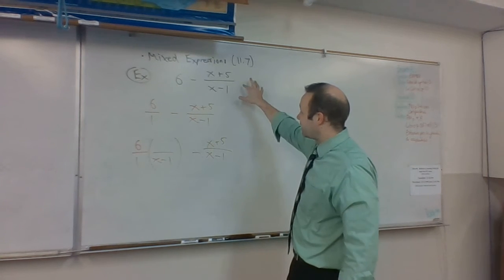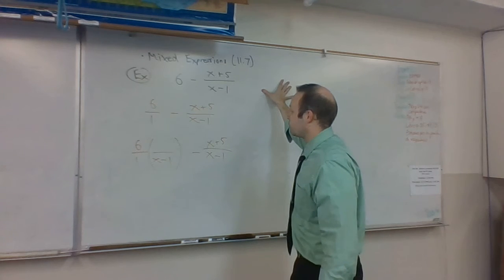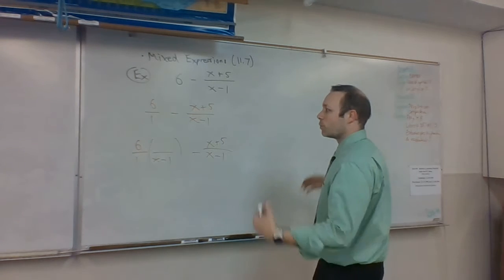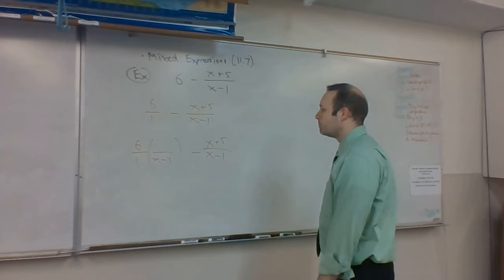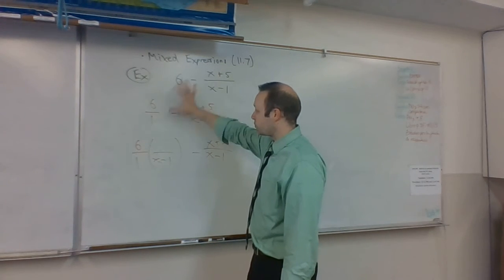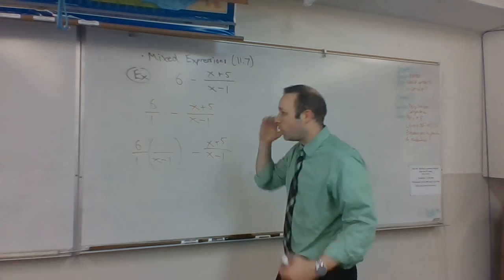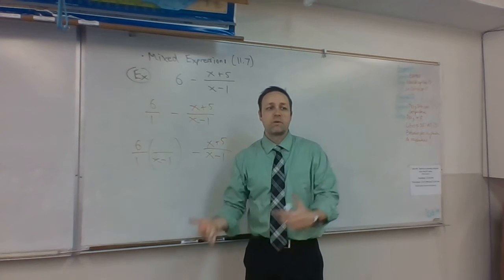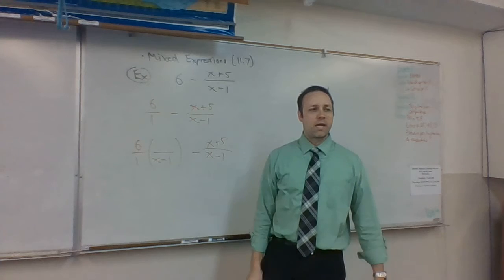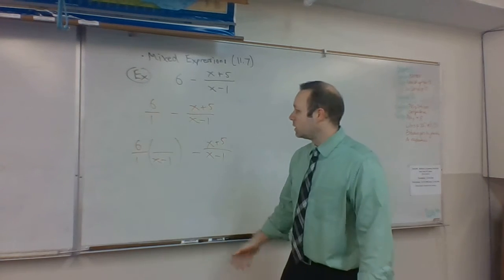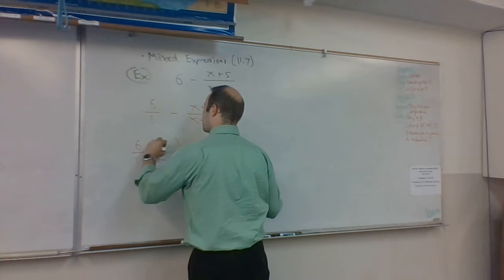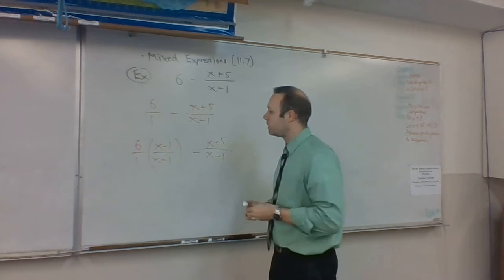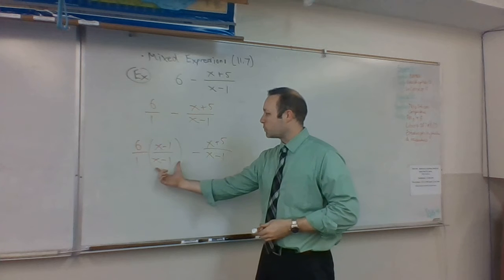But keep in mind, this is not an equation where we're allowed to do things like multiply both sides by the same value. This is a simple expression, we're simplifying it. So we can only multiply by something that equals 1. And how do you get something that equals 1? Make the top and the bottom of the fraction the same. So an x minus 1 over x minus 1. X minus 1 over itself equals 1.